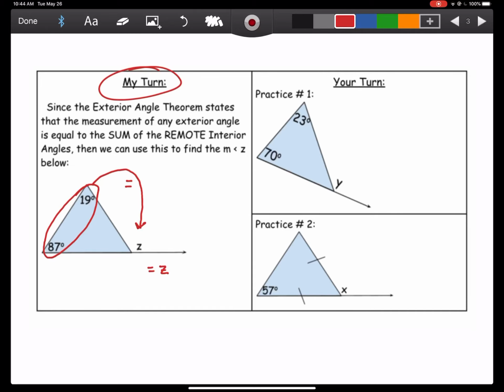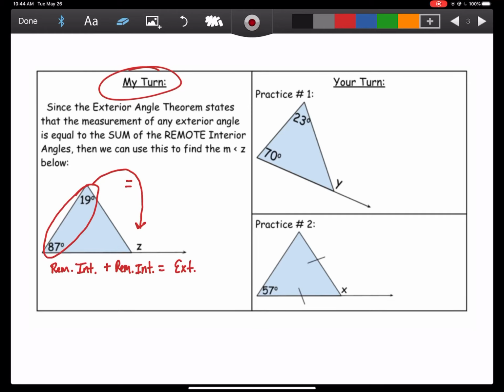So what we're going to say is remote interior plus remote interior equals exterior. Okay? Now, it's not just any exterior. It's got to be the exterior that's remote with the interiors that we're pointing to. See how it skips over this angle? It's kind of jumping over that angle, okay?